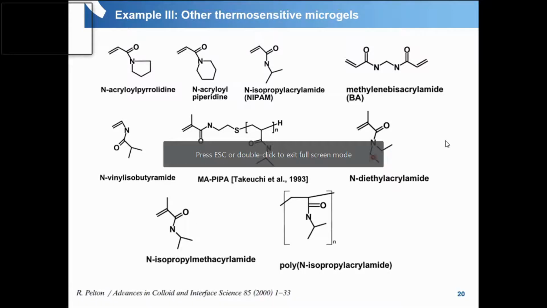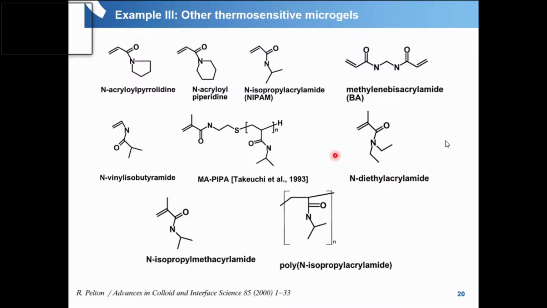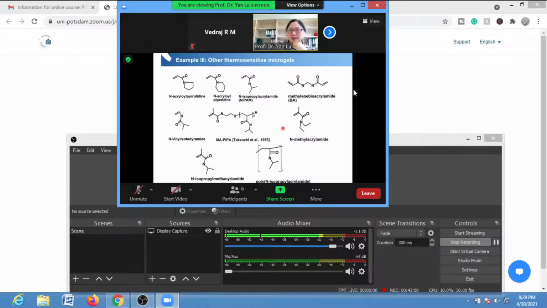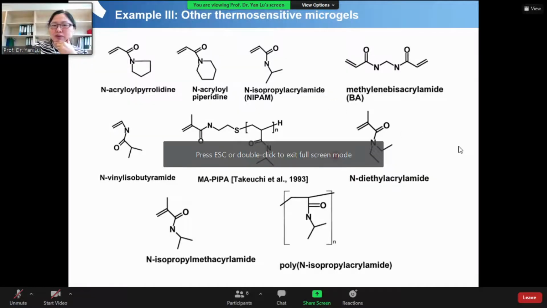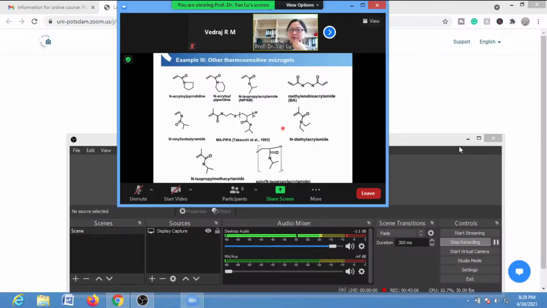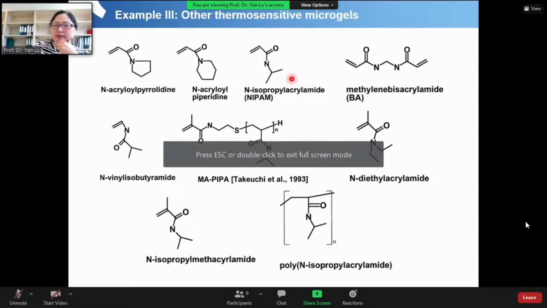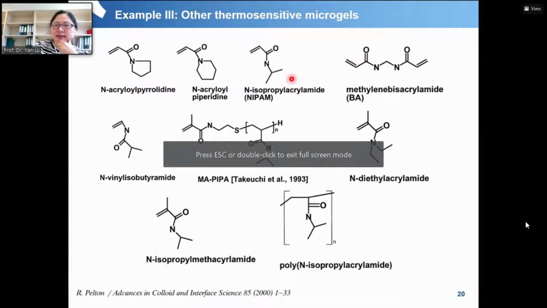So you can always look into this table and try to find the appropriate system you would like to work with. And actually, until now, most of the work has been done based on the N-isopropylacrylamide, NIPAM system.